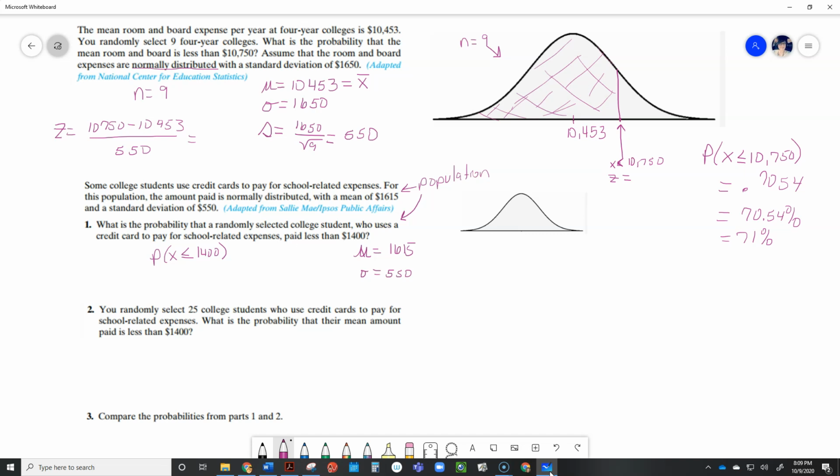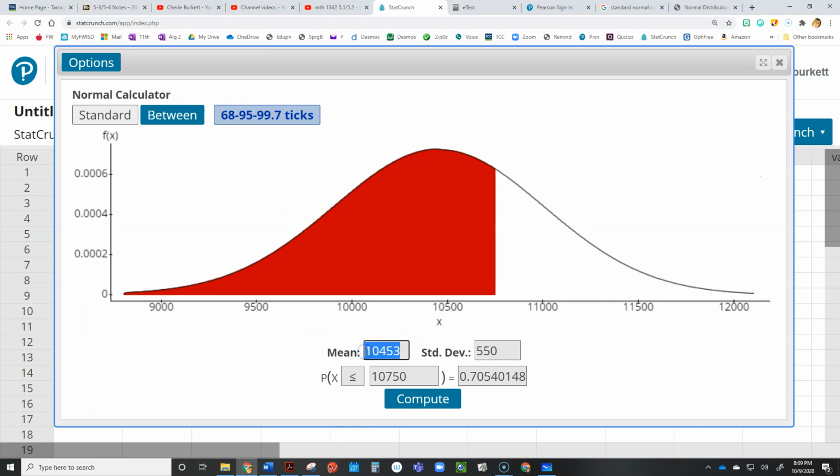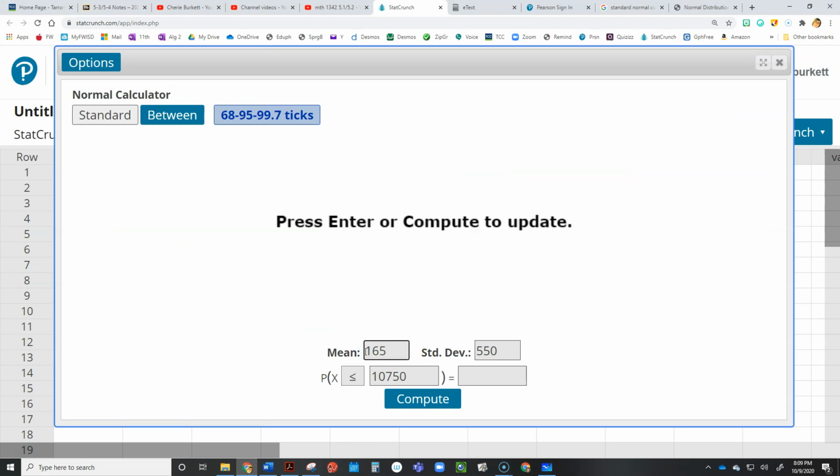To find it, I would just go to StatCrunch and put those two numbers in, 1650 and 550. So this would be 1650 and 550 is the standard deviation, and they want to know what's the probability that the payment is less than 1,400.